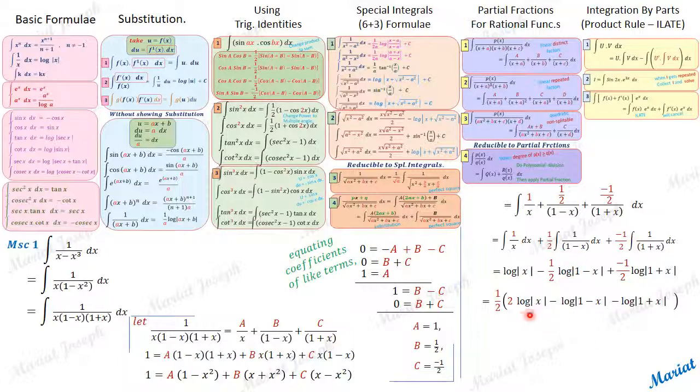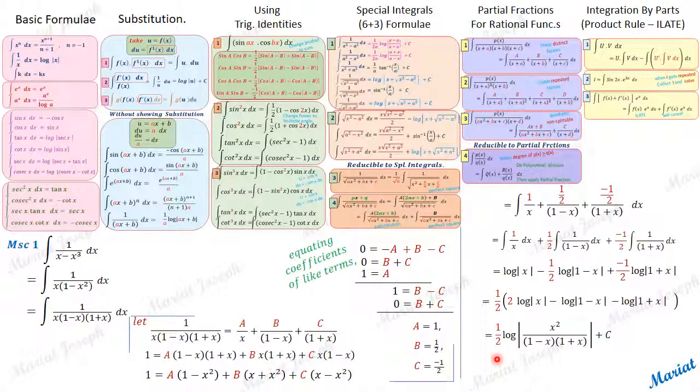So 2 log x is log of x square. n log a equal to log of a raised to the power n. So log of x square minus log of second term minus log of third term. Applying the logarithmic rule, log of x square upon, because of these two minus, 1 minus x, 1 plus x with the coefficient here.